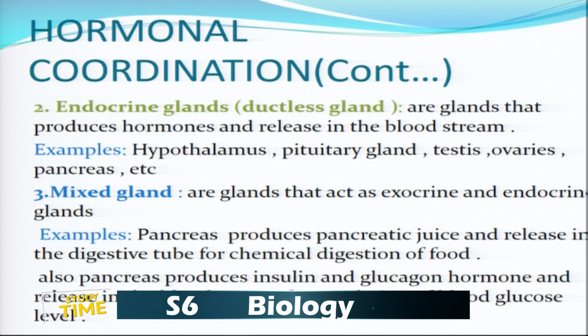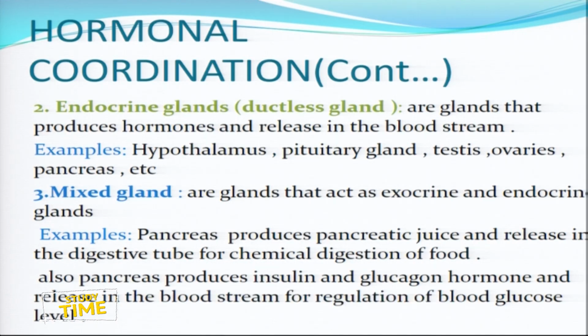So the pancreas is also called endocrine because it releases hormones into the blood. Which hormone? You have seen this in senior 5, if you remember, when we talked about the regulation of blood glucose. The hormones called insulin and glucagon, involved in the regulation of sugar, are produced by the pancreas into the blood.